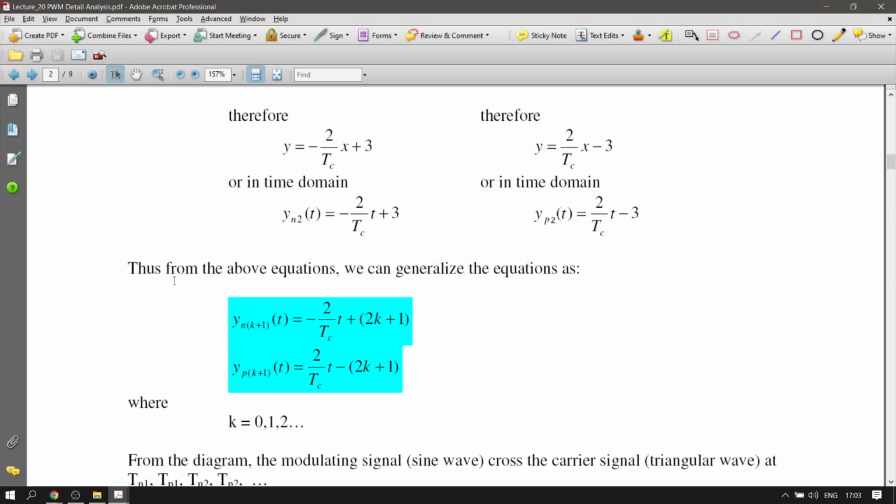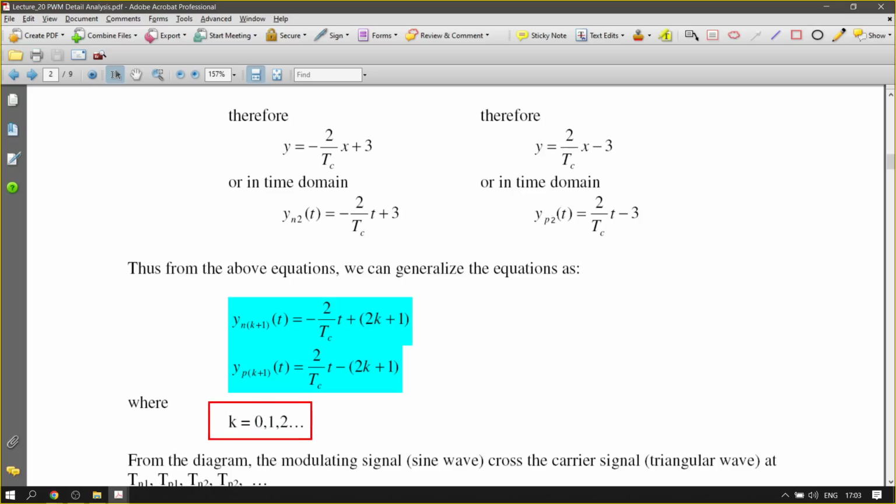You will see that the equation for the negative slope line will be yn(k+1) of t equals minus 2 over TC t plus 2k plus 1, and for the positive slope it will be 2 over TC t minus 2k plus 1, where k will be 0, 1, 2. So if you want to find yn1, k should be 0.